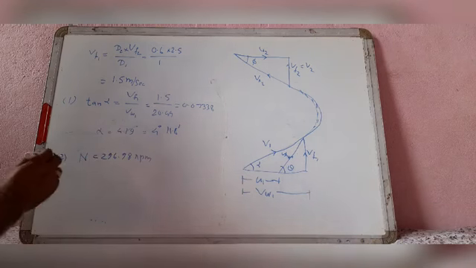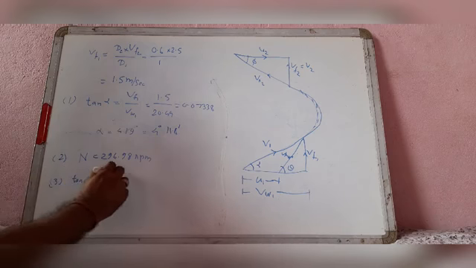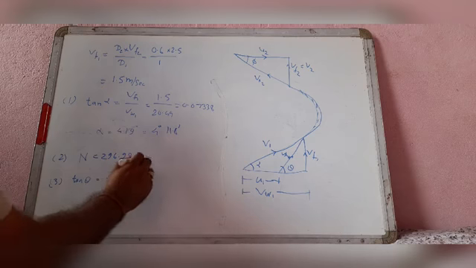Then the angle of runner at inlet theta, that is tan theta equal to Vf1 by Vw1 minus U1.